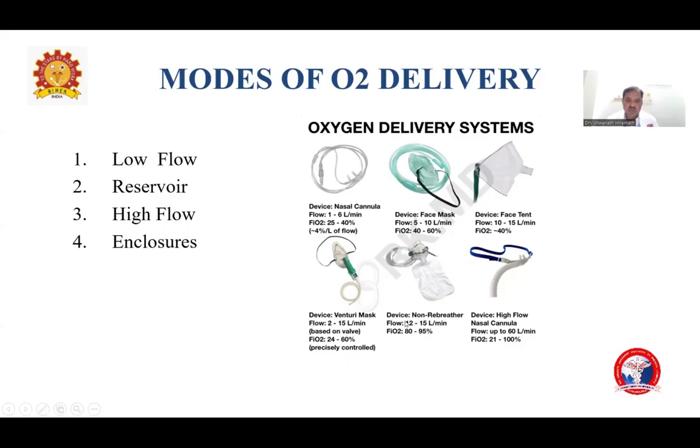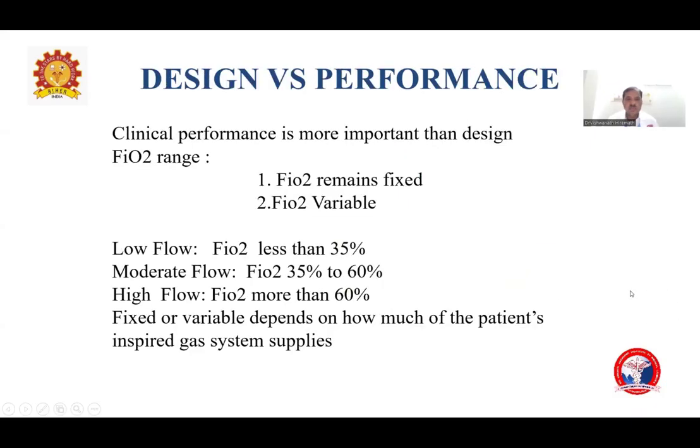A device with the non-rebreather, flow 12 to 15 liters per minute, can provide FiO2 of 80 to 95%. High flow nasal cannula, flow of 40 to 60 liters per minute, FiO2 21 to 100%. Design versus purpose: clinical performance is more important than the design of the equipment.